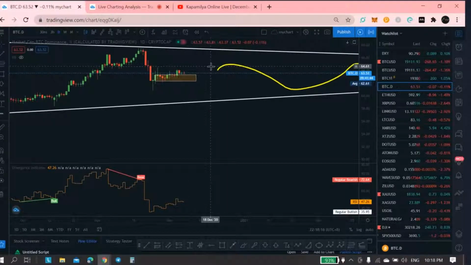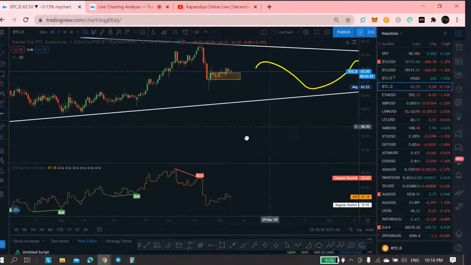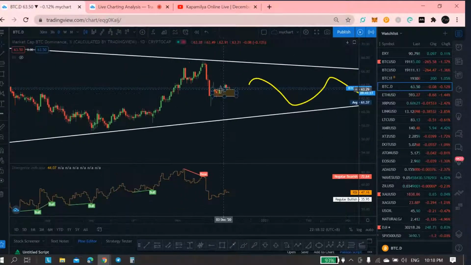As long as it holds at this area or above the trendless area of around 63.35, I'm still more bullish if it holds at that area. So let's see.